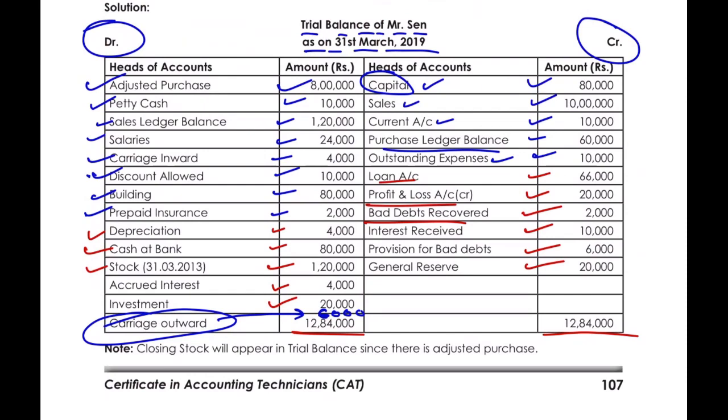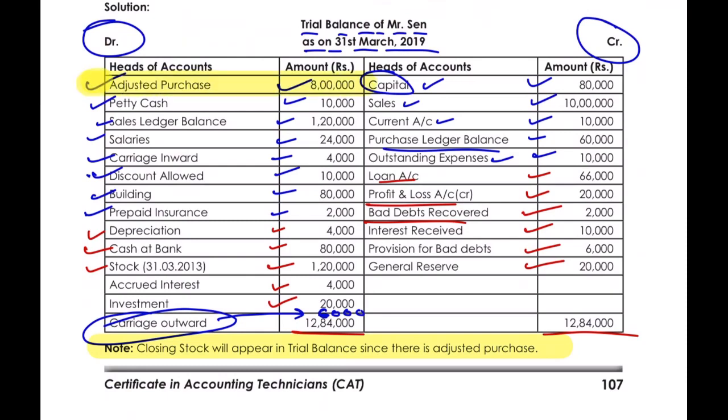Now let's go to the topic of closing stock. See, there they have given a note that closing stock will appear in the trial balance since there is an adjusted purchase. So this is the only case where we write the closing stock in the trial balance because we have the adjusted purchase. So what do you mean by the adjusted purchase? So my purchase is adjusted with purchase less purchase returns, and this represents all my goods which have been used in my production.